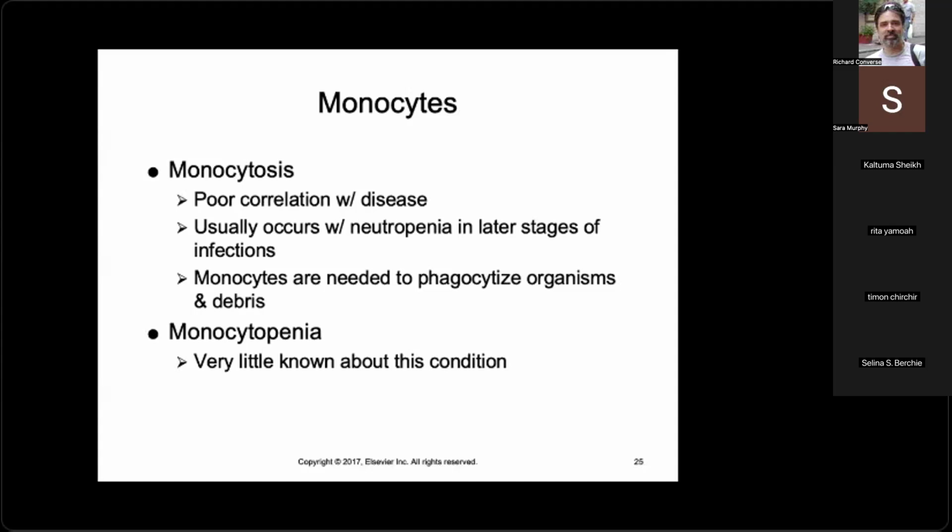So you're dropping below a reference value. Monocytopenia has a poor correlation with disease. It usually occurs with neutropenia in the later stages of infections, and the monocytes are needed to phagocytize organisms and debris, because remember that they develop into macrophages.